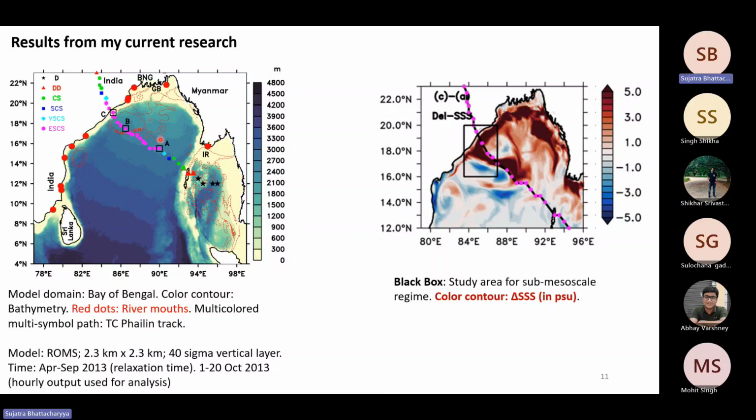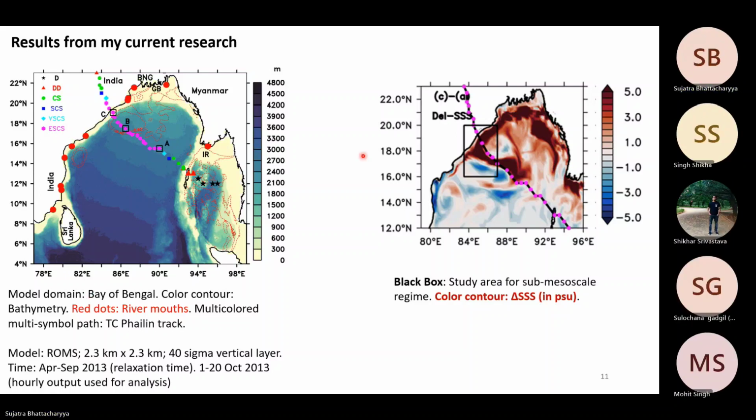It is an extremely severe cyclonic storm. When I checked the sea surface salinity difference, I found this region very interesting, with a very sharp gradient. It's a difference between pre-storm, 1 to 7 October, and during storm, 11 to 13 October. So I just took the difference.